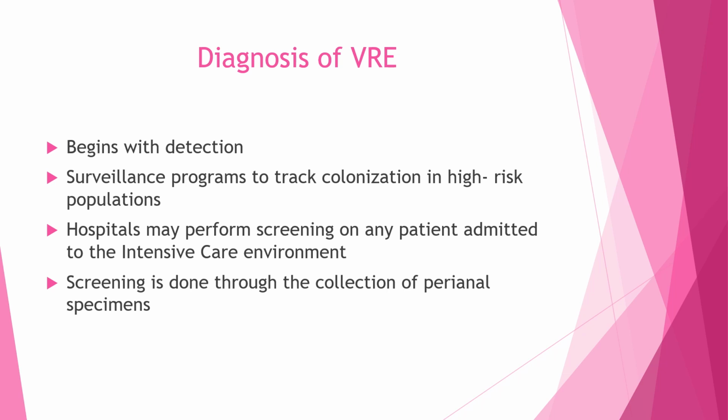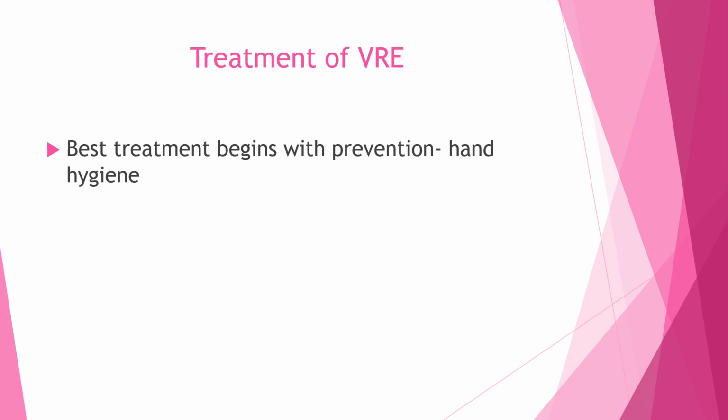So with MRSA, we are swabbing the nares. We are swabbing the nose. For VRE, collection is done through swabbing of the perianal area. And again, the best treatment will begin with prevention, and again, that comes back to hand hygiene.